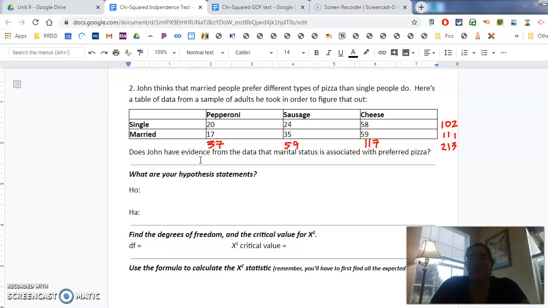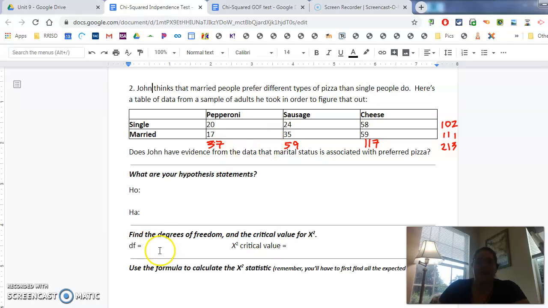Your alternate would be that they are associated, that they're dependent, that different marital statuses prefer different types of pizza. So the null would be marital status is not associated with, or is independent of, type of pizza preferred. And then your alternate would be that marital status is associated with, or is dependent on, type of pizza preferred. I'm not writing those out, I just wanted to say them.